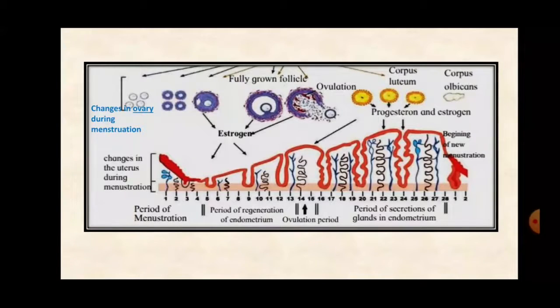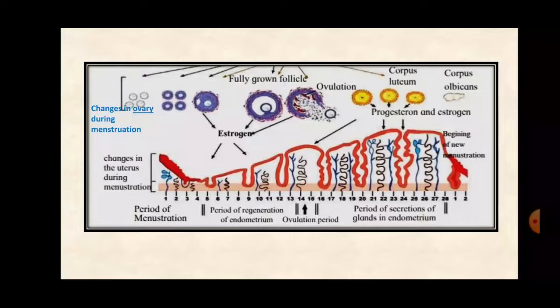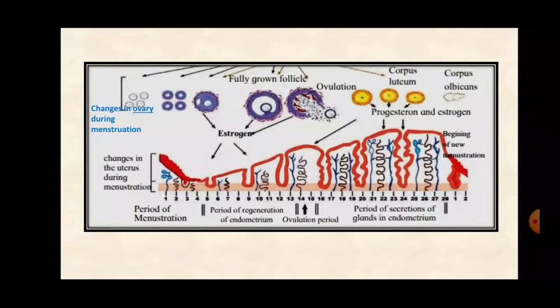And this is accompanied with a continuous bleeding. This bleeding period lasts for approximately 3 to 5 days. It varies in each individual female as per their body, but approximately it is 3 to 5 days.